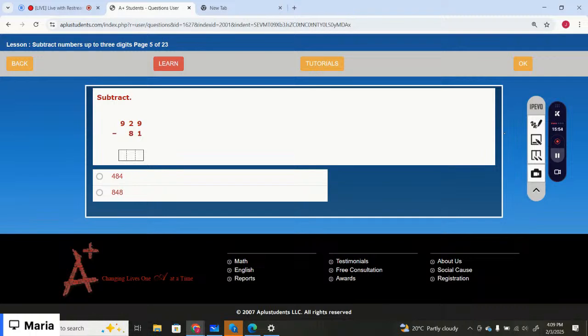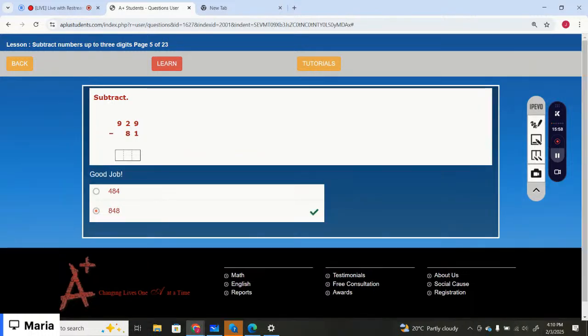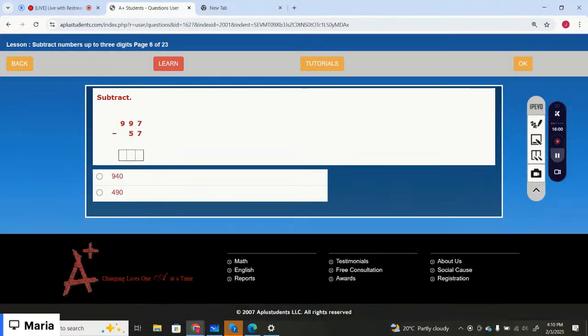That is 848. Option number 2 is the correct option. 997 minus 55.